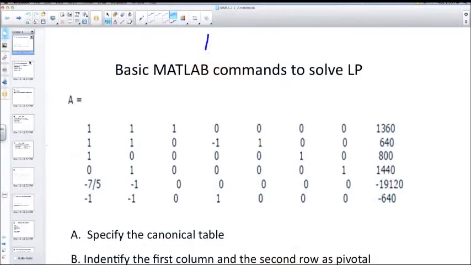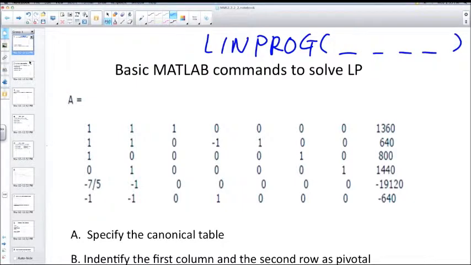And in the last lesson, you also learned a very powerful command. That's LINPROG. One command with all the parameters and solve all the problems. That's not quite true, but it is powerful.